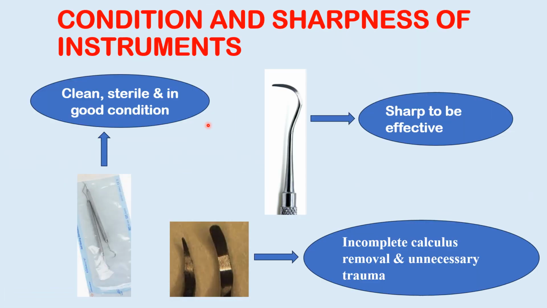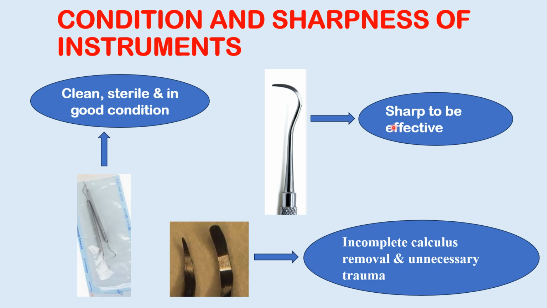Coming to the third component of principles of instrumentation, which is the condition and sharpness of instruments. First of all, whenever any instrument is used, it has to be clean, sterile, and in good condition. Second, if any pointed or bladed instrument is used, the working end has to be sharp for it to be effective.